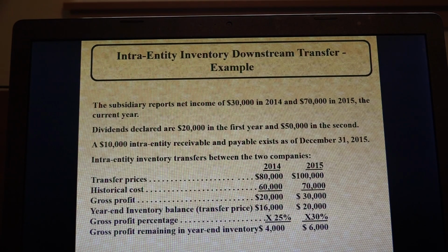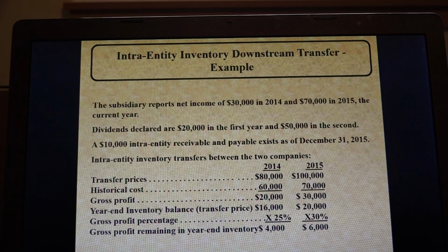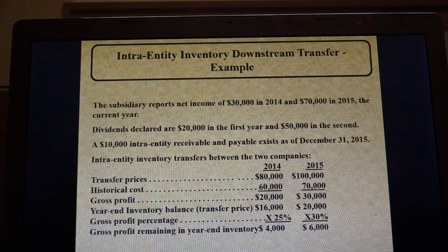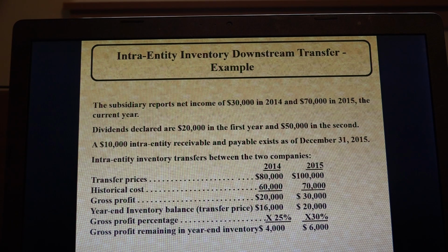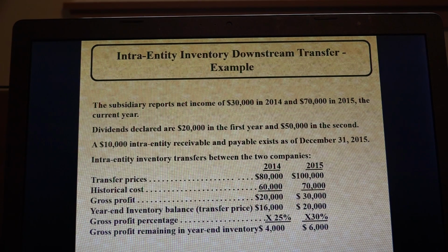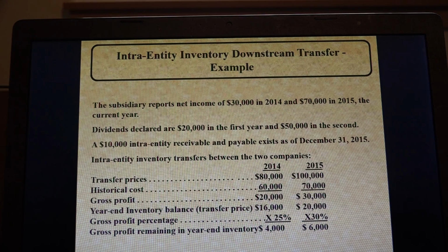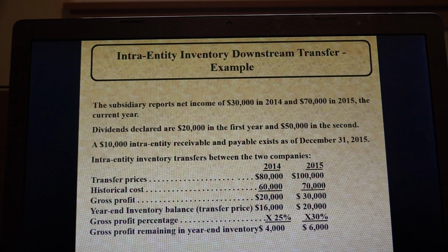And so, oh, they do jump. That must be a typo then. They acquired them January 1, 2014, not 2012. All right, so the sub reports net income of $30,000 in 2014 and $70,000 in 2015.